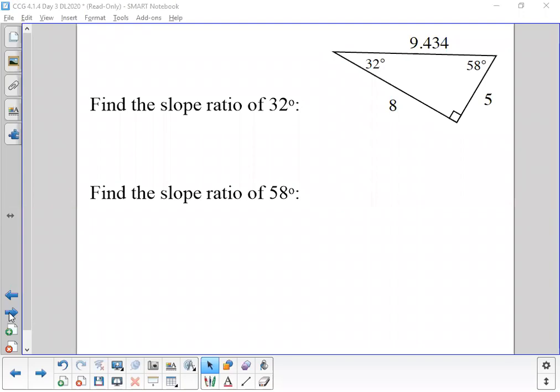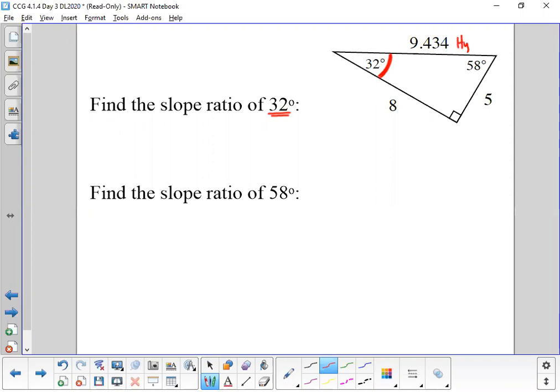Now I'm going to use this idea of opposite and adjacent legs to help me figure out what the ratios would be for this triangle. So first, it says find the slope ratio of 32 degrees. So I'm going to mark 32 degrees as my reference angle. So that right there is the reference angle. 9.434, that's my hypotenuse, so I don't need to worry about that guy at all. But from my reference angle, 5 would be the opposite leg, and 8 would be the adjacent leg.